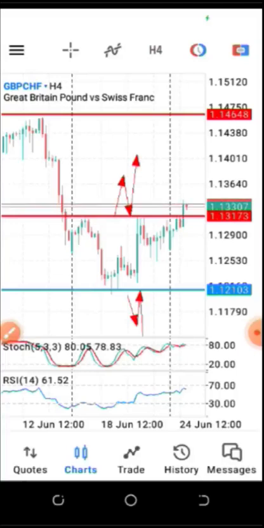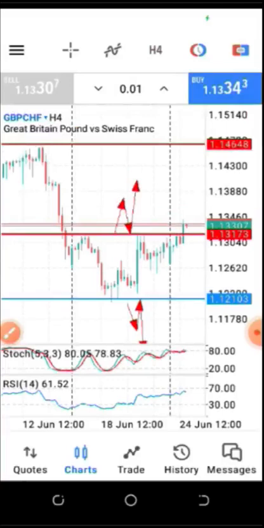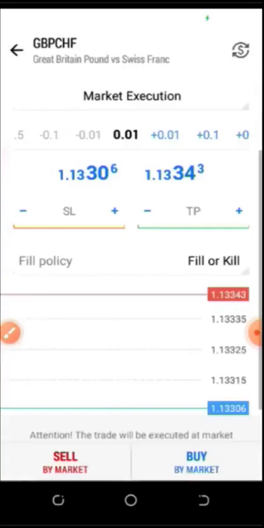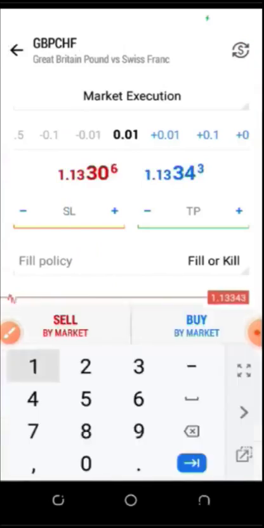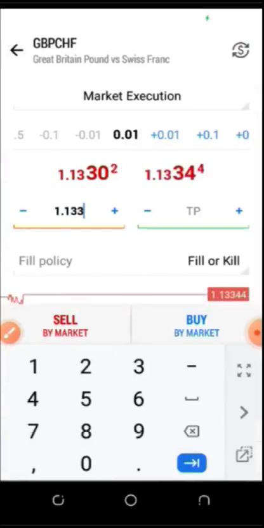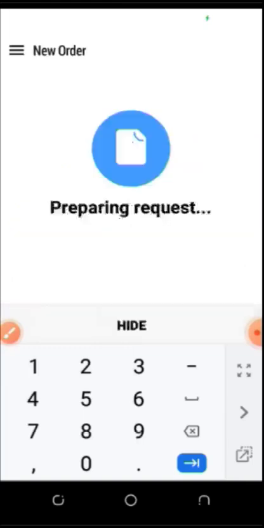So what I'm going to do is go here. I'm going to tap the buy, and I'm going to place a stop loss, and then place a take profit, and tap the buy.